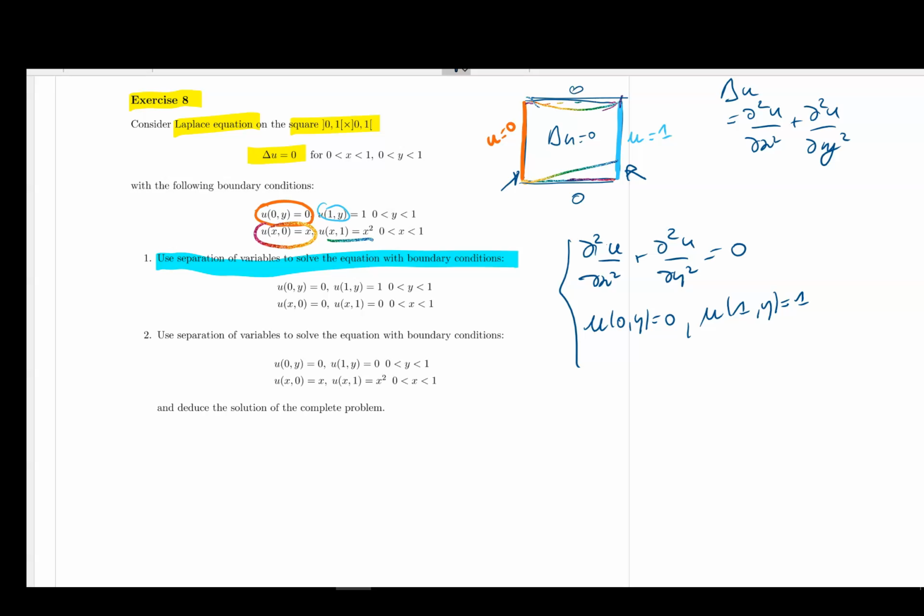Actually it's something like it's insulated on three sides and kept at 0 here, here, and here. And here I've got some constant value equal to 1. So we've got something like constant heating on that side.